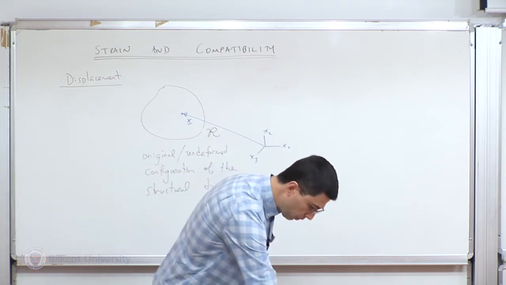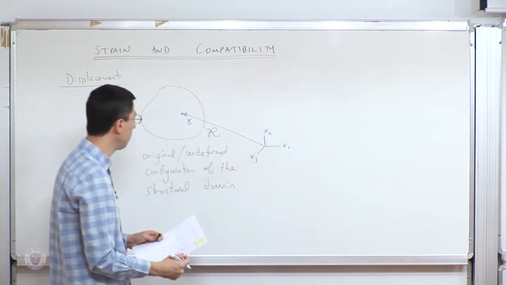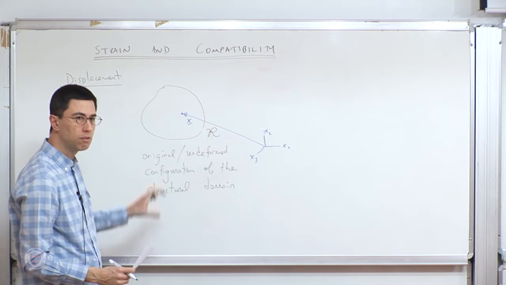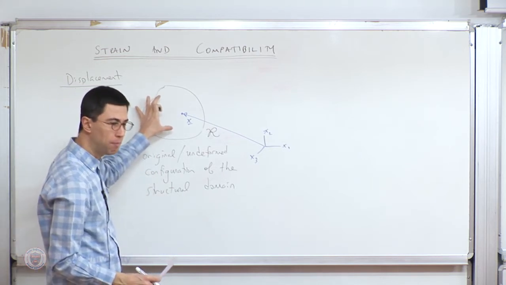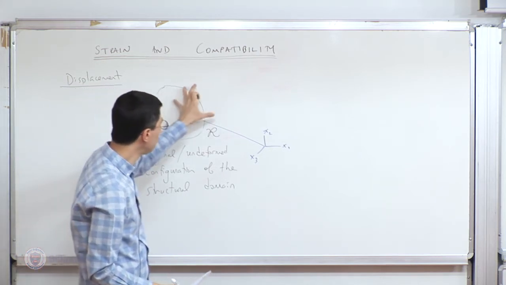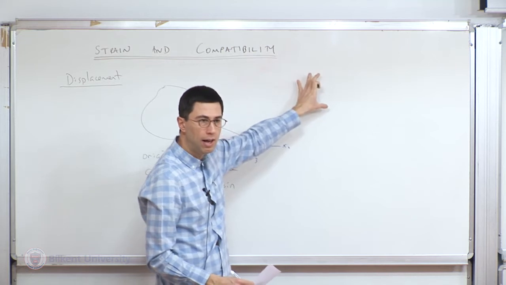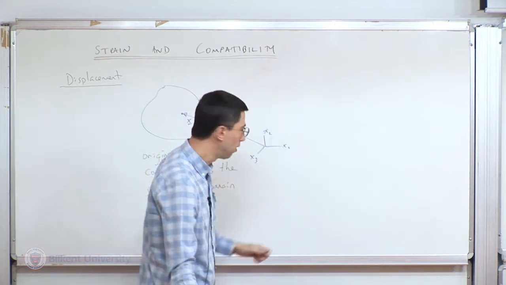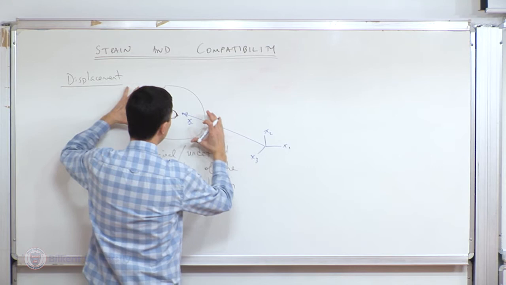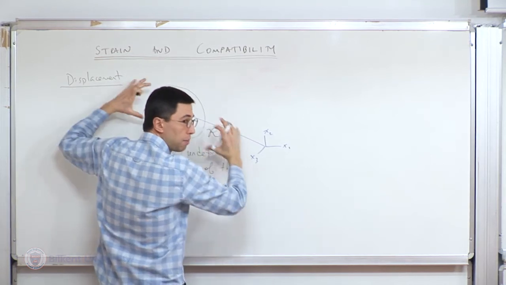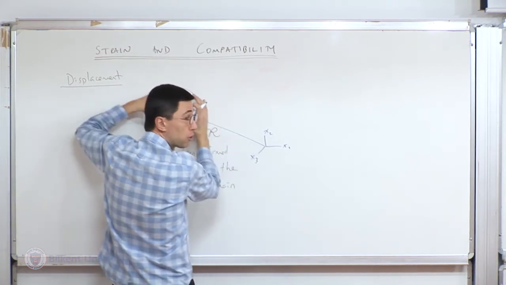Now, eventually this object will be subjected to forces, and because it is subjected to forces, it will start moving. And not only does it move, but it will also get deformed. For instance, it will get squished because I'm applying, let's say, pressure from all sides.